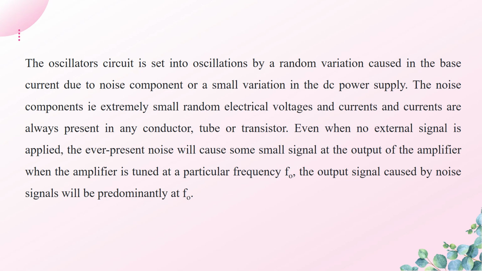Even when no external signal is applied to the device, the ever-present noise will cause some small signal at the output of the amplifier. When the amplifier is tuned at a particular frequency F0, then the output signal caused by the noise will be predominant at the particular frequency F0. So this is the reason for oscillations in the circuit.